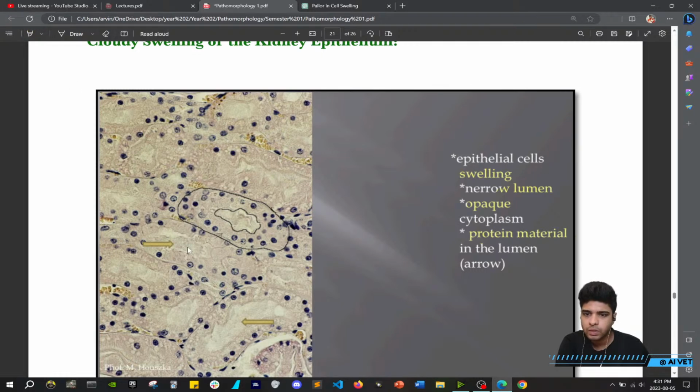Let me show you. Okay, these are the protein materials actually. Now once again the lumen is crushed and they are narrow. Lumen is squeezed in. Opaque cytoplasm. Okay.